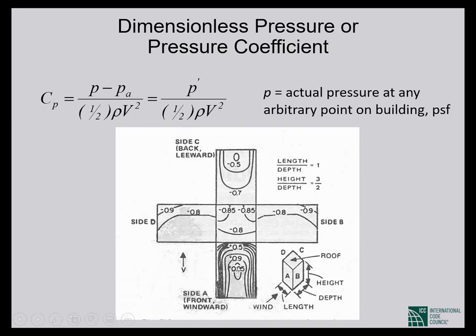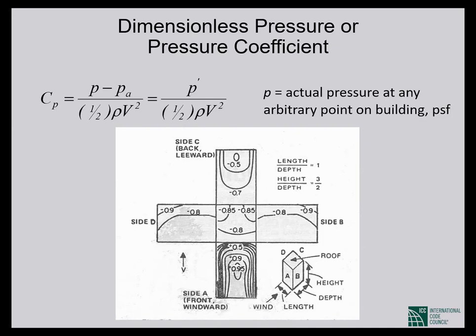So at the stagnation point, we have 1.00. But as we move away from the stagnation point, you see the numbers go down. However, over the entire windward face, the numbers are positive. But on the roof, the numbers are negative. On the leeward face, the numbers are negative. On the side faces, the numbers are negative, and so forth. So this is the actual pressure distribution.